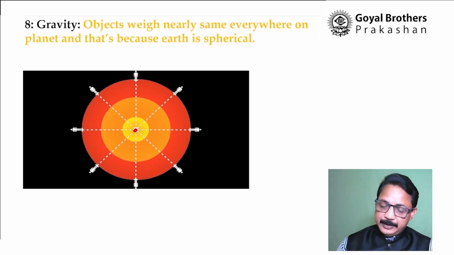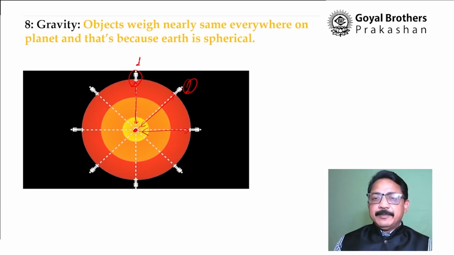So this is the center of the earth. Suppose this is person number 1, person number 2 over here. Whatever this distance is, the same is this distance also, and this distance also. So everyone on earth experiences almost the same force of attraction because earth is spherical in shape.